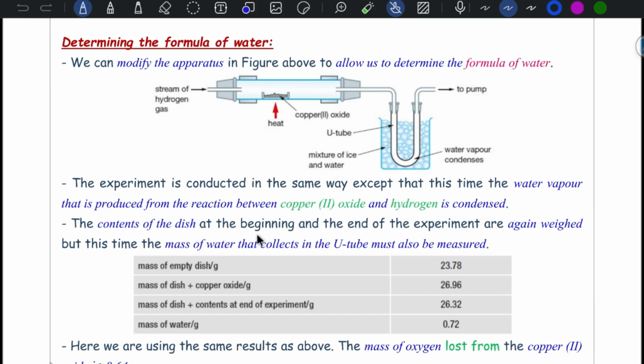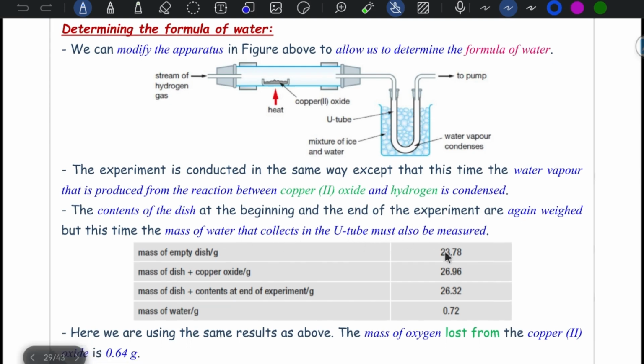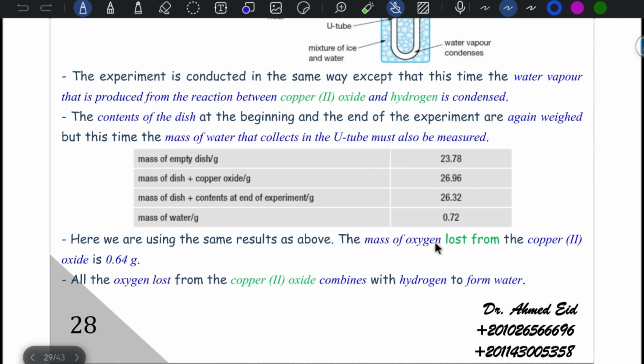The contents of the dish at the beginning and at the end of the experiment are weighed again. The mass of water collected in the U-tube must also be measured. The mass of water is the increase in mass of the U-tube. Same data, but with the mass of water included. The mass of oxygen lost, we just mentioned, is 0.64. All oxygen lost from copper oxide combined with hydrogen to form water.